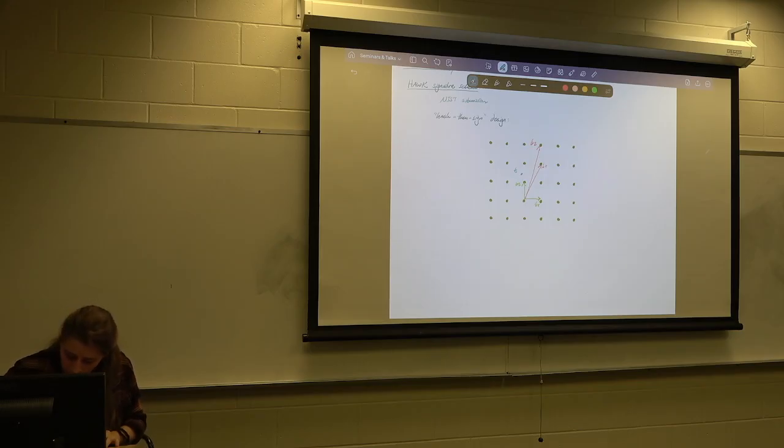And then I'm going to use this nice basis that I have, this good short basis, to find a lattice point that's closest to it. So let's say I could find this one.